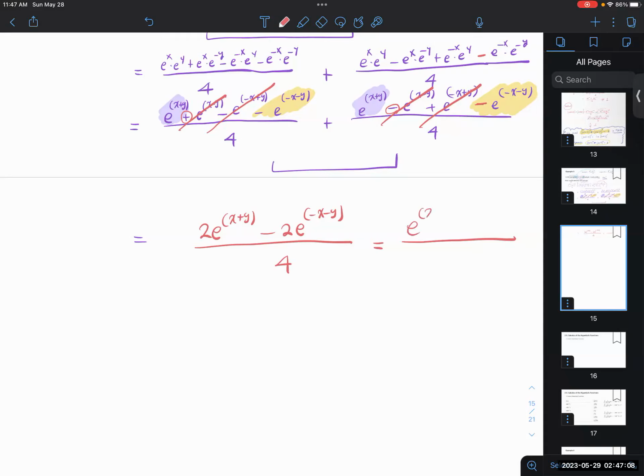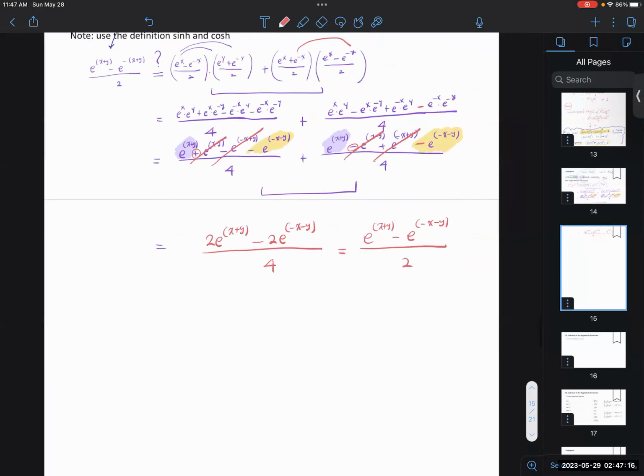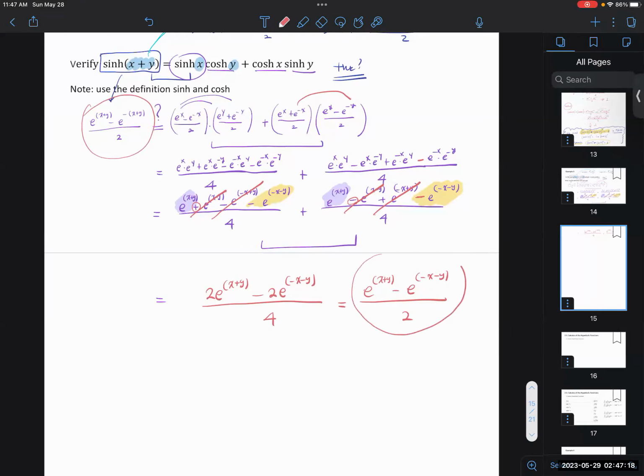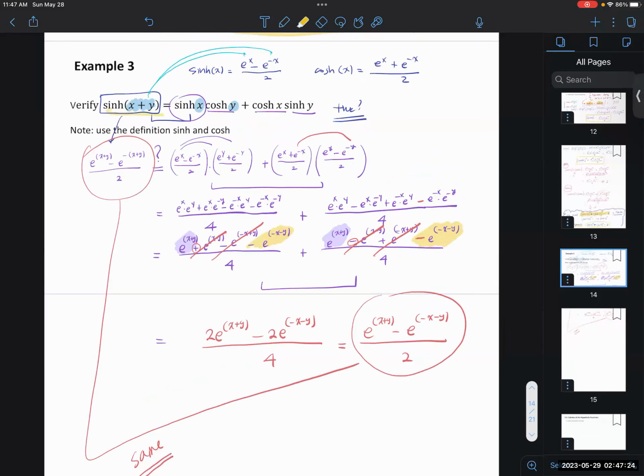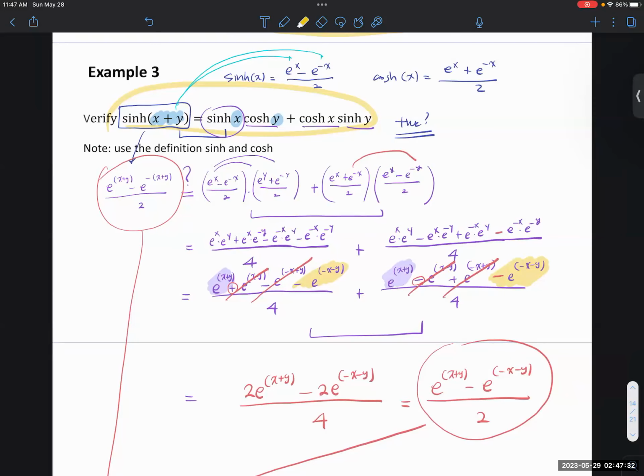So e to the x plus y minus e to the negative x negative y over 2. So what happened? They are the same. So we proved that this statement is true. These are true, verification. We just verified that. Okay, so that's how you check a hyperbolic identity.